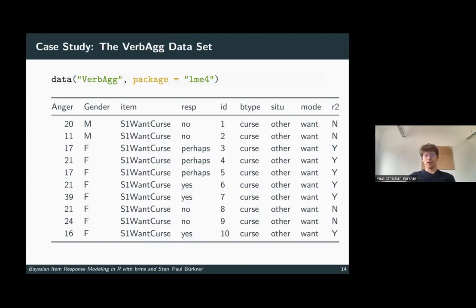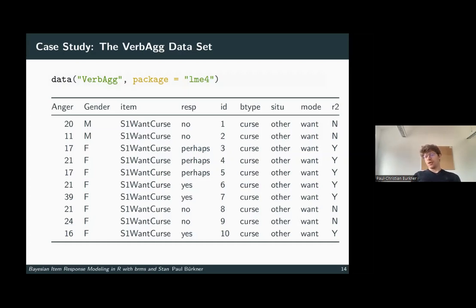So first of all, people were answering certain items that asked if in a certain situation they would curse, for example, or they would do some other actions that relate to verbal aggression. And there would be different modes.